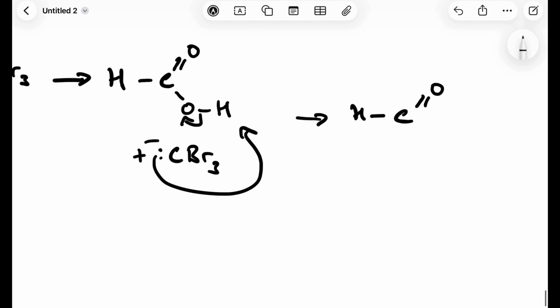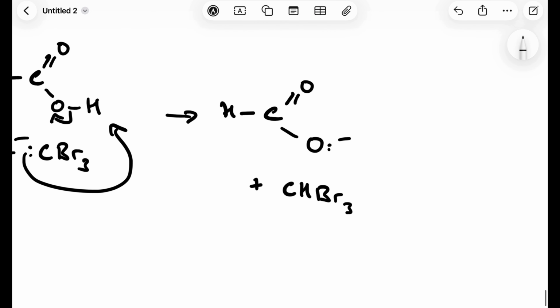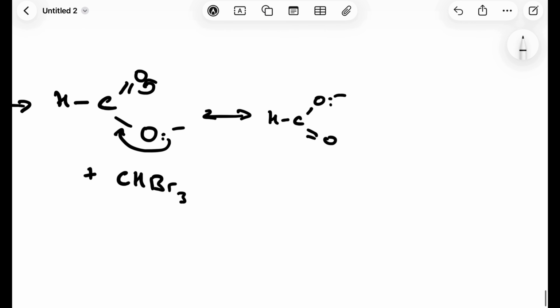So we're going to end up with a carboxylate ion and then some CHBr3. And then just showing the resonance stabilization of the carboxylate.